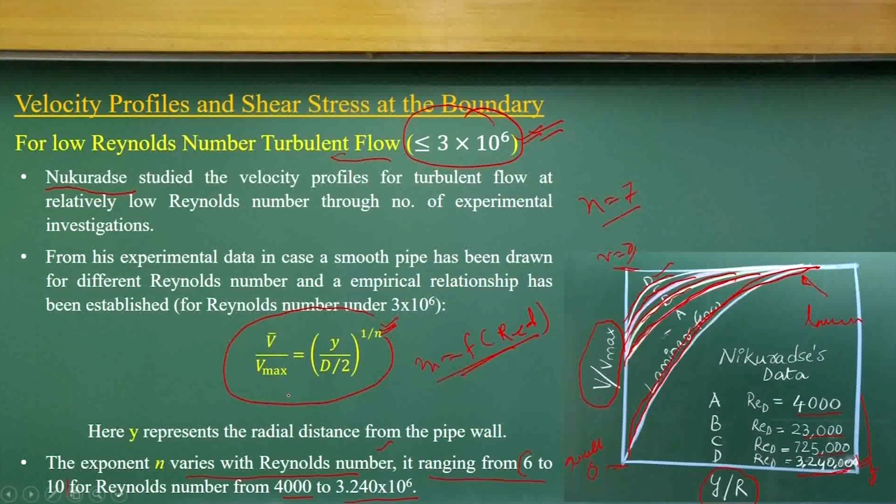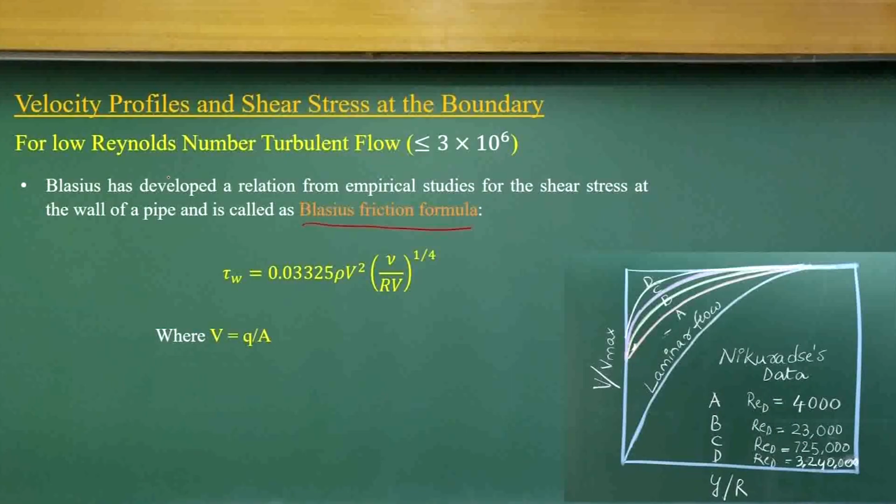But in many cases n is also taken as 7. So, many times it is called the 1 by 7th rule for describing the velocity distribution in a pipe flow for turbulent regions. But when you look at the shear stress, that is the wall shear stress at the wall of the pipe, that is also established empirically as a function of the wall stress, the average velocity, and the hydraulic radius.